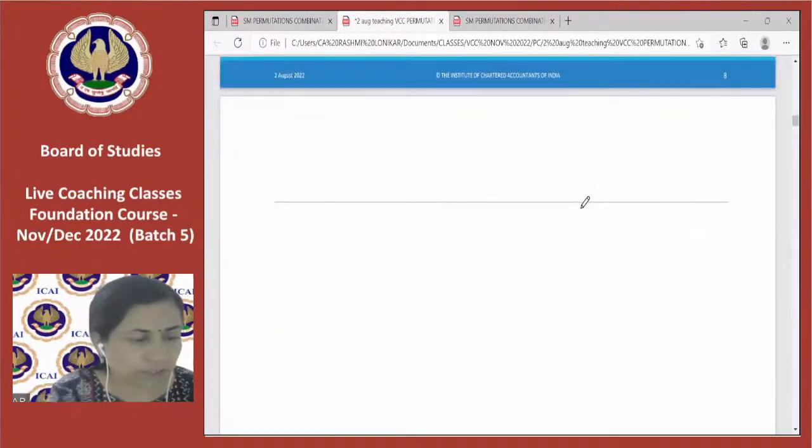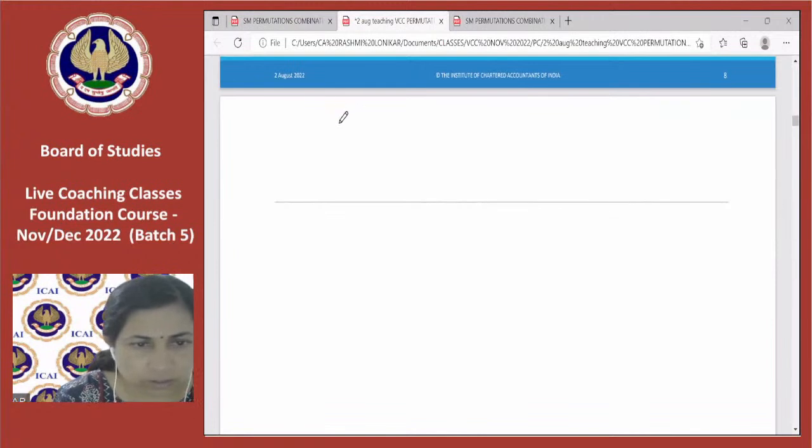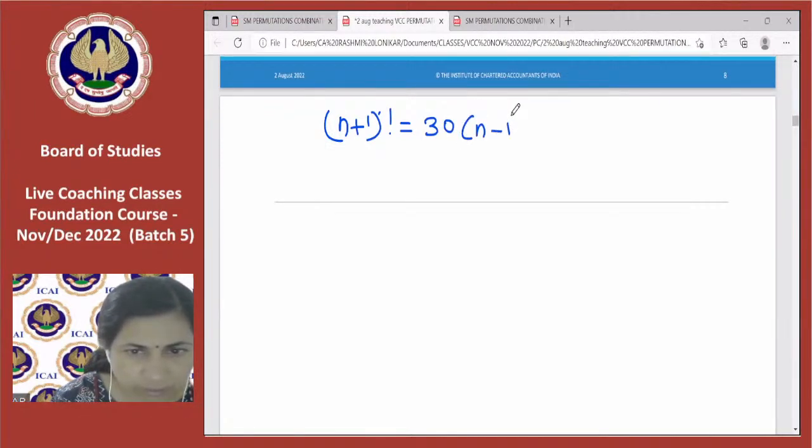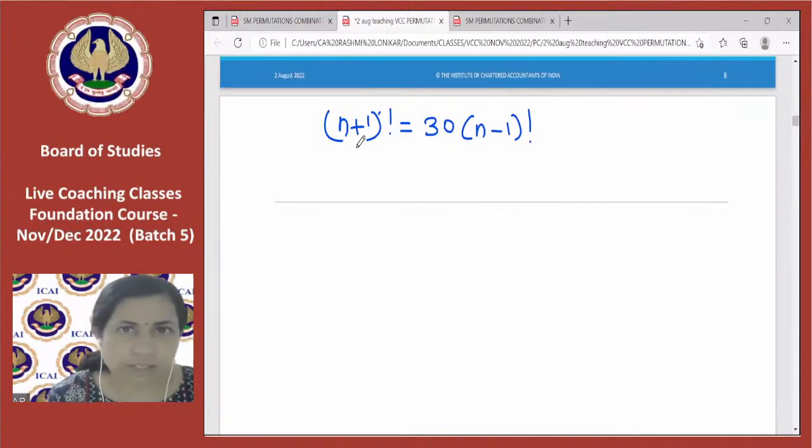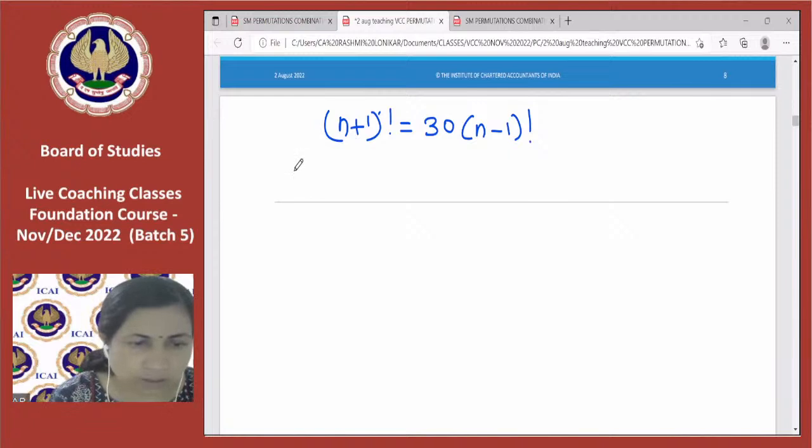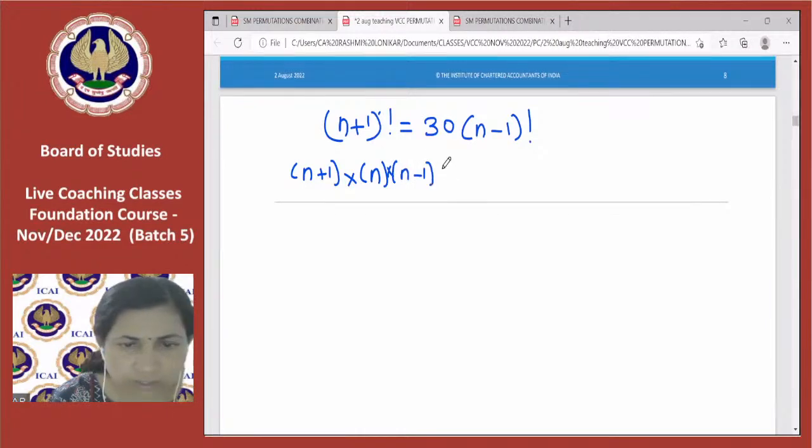I'll just explain this sum again. So this is n plus 1 factorial is equal to 30 into n minus 1 factorial. Now I want to write down n plus 1 up to n minus 1. Okay, n plus 1 is the bigger number, n minus 1 is the smaller number. So I will write this as n plus 1 into n into n minus 1 factorial is equal to 30 into n minus 1 factorial.